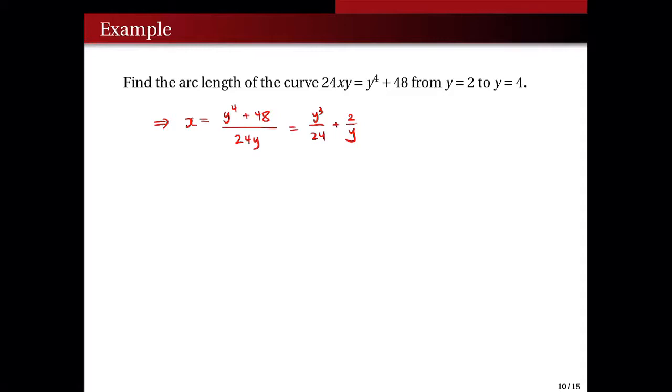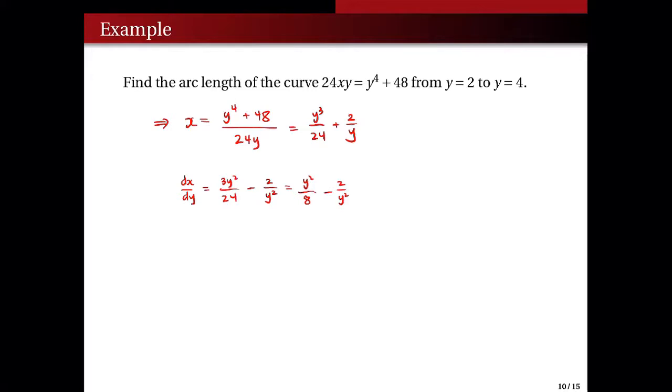And then we have the dx over dy. Since it's x in terms of y, we get the derivative of x with respect to y. This will be what? 3y squared over 24 minus 2 over y squared. And if we simplify this, we will have y squared over 8 minus 2 over y squared.